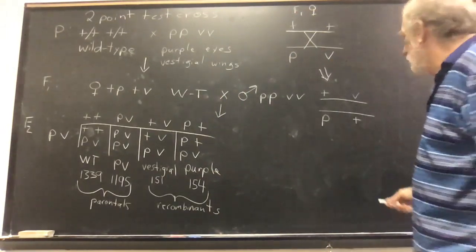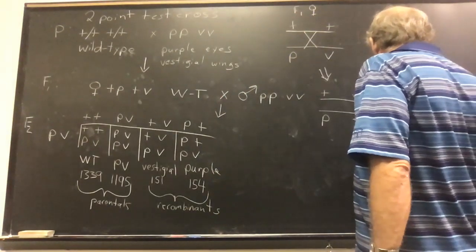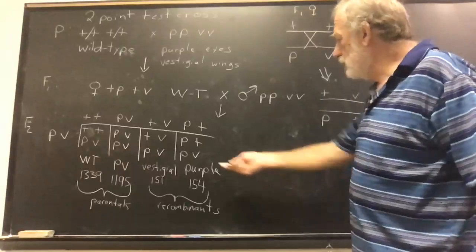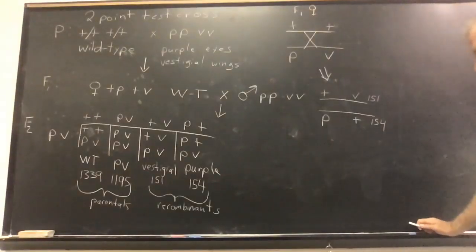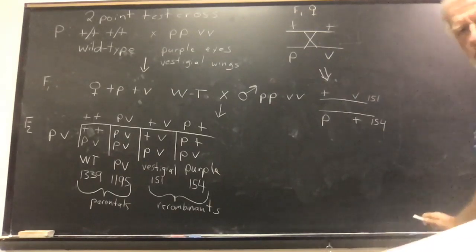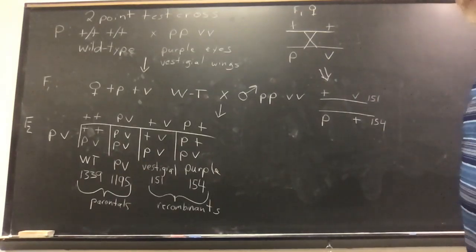So there it is: 151 of these, and you can see 154 of those. Now, this really isn't part of the problem. I'm just doing this to show you how the recombinants were created.